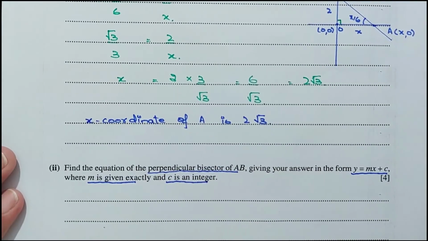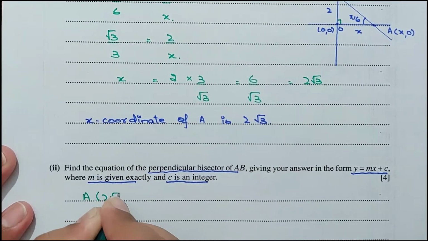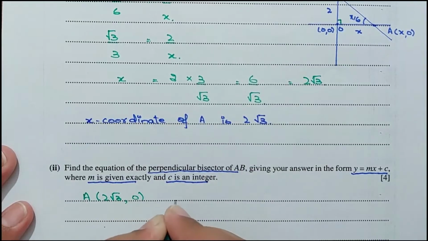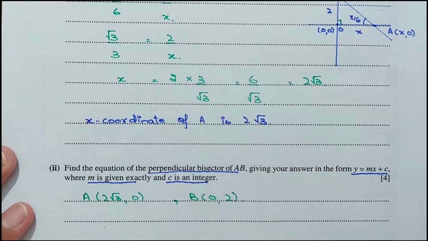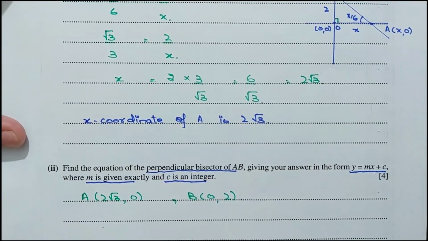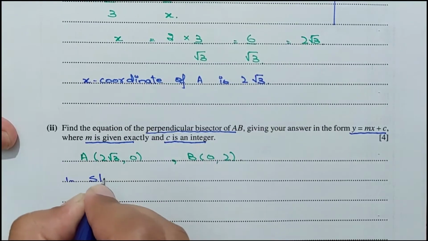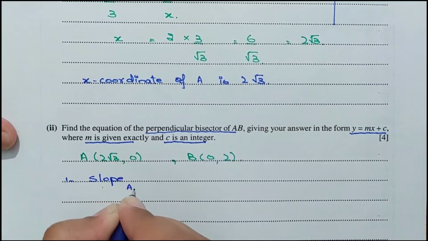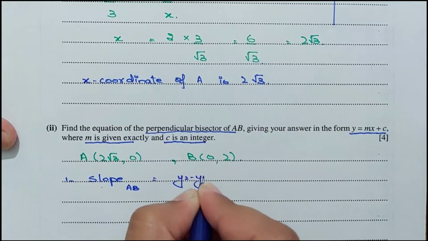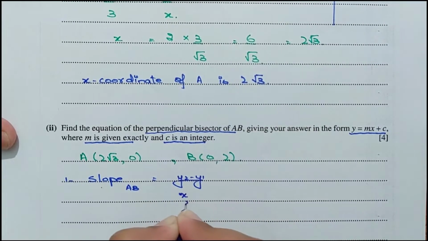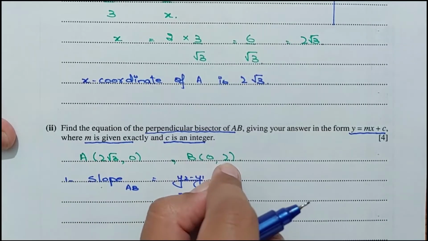Let me write down the coordinates. A is (2 root 3, 0) and B is (0, 2). First we find the slope of AB, and then the slope of the perpendicular bisector. Slope of AB equals y2 minus y1 over x2 minus x1, where this is x1, y1 and this is x2, y2.